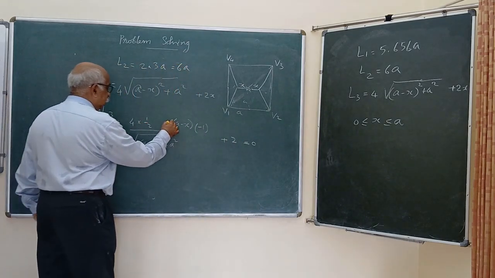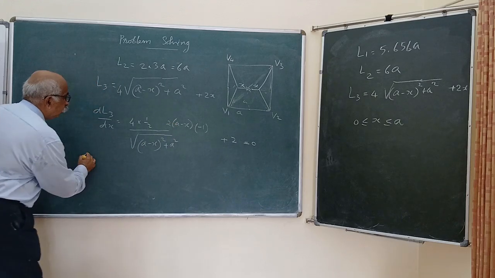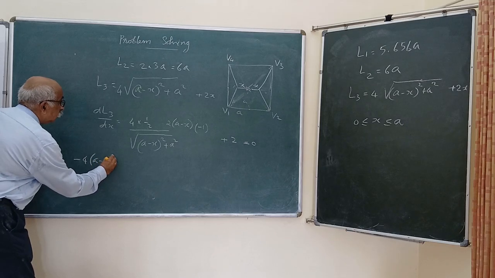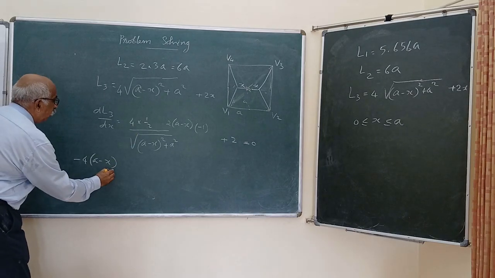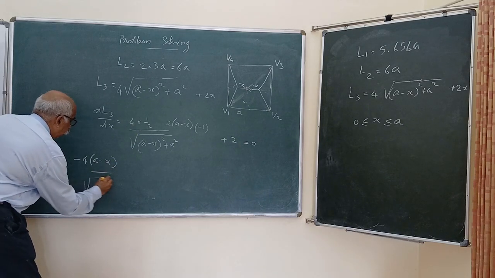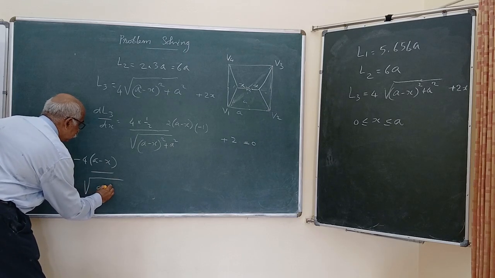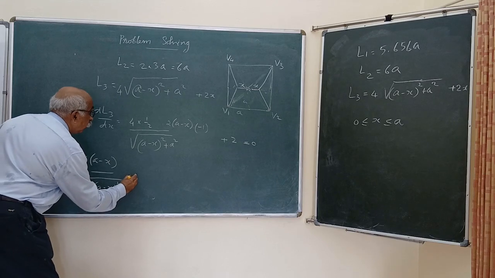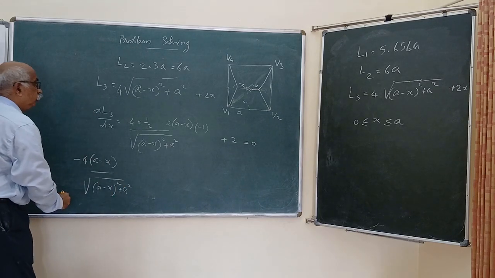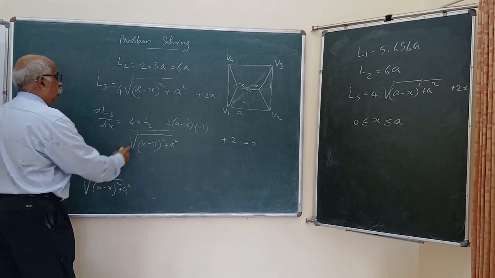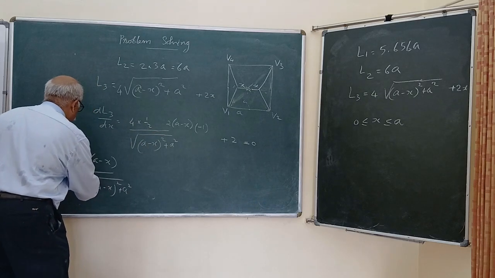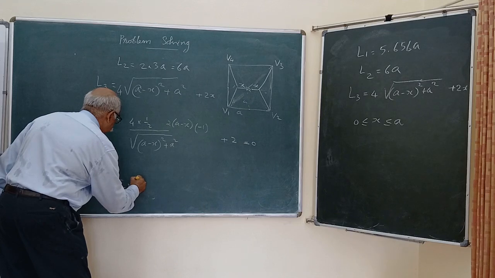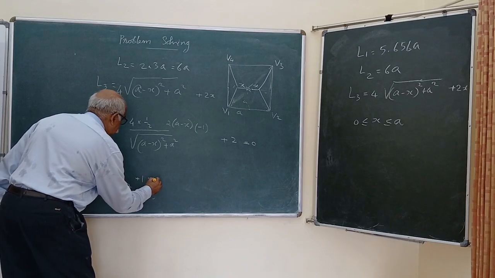The 2 cancels here. This becomes minus 4(a minus x) divided by the square root of (a minus x) square plus a square, and the 2 gets cancelled throughout. Plus 1 is equal to 0.